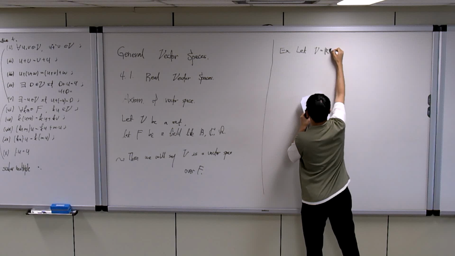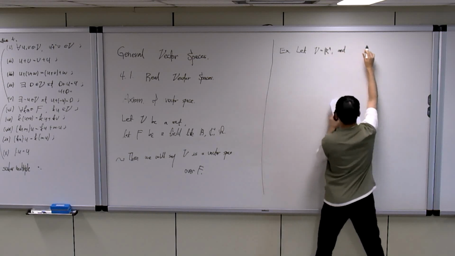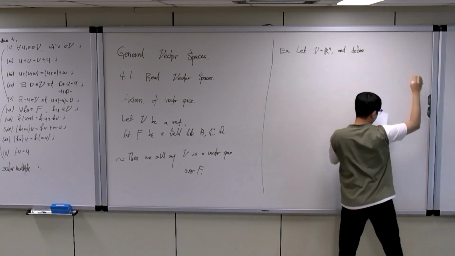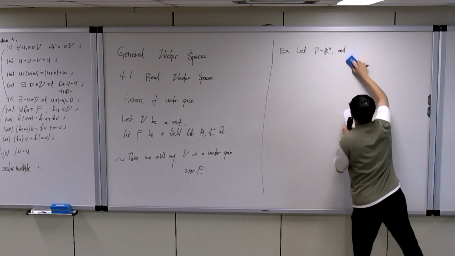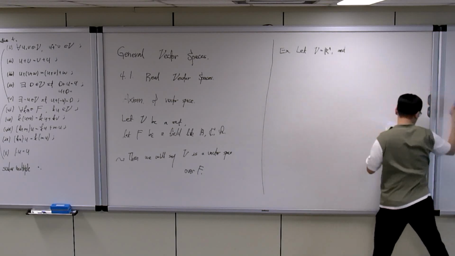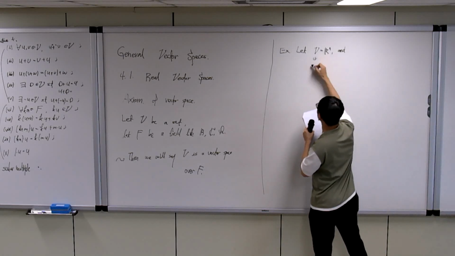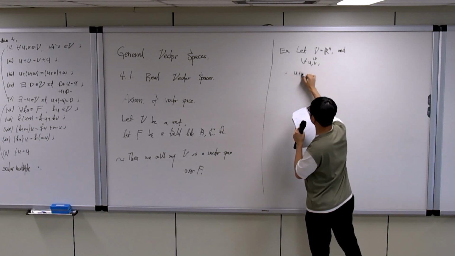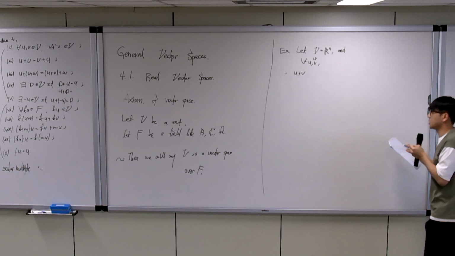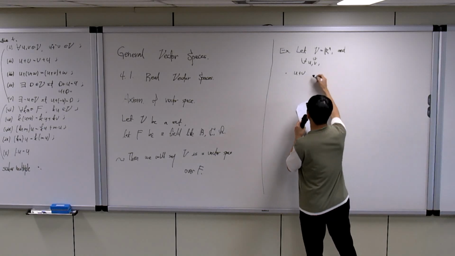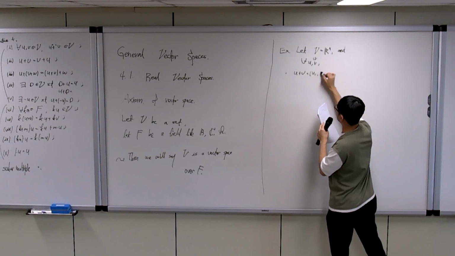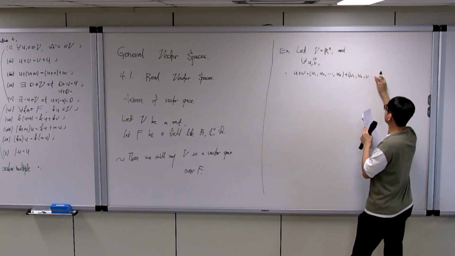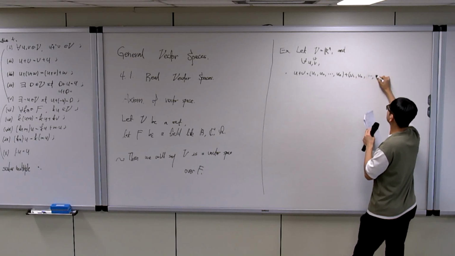For elements U and V, the additive operation is defined just as usual: (U1, U2, ..., Un) plus (V1, V2, ..., Vn).